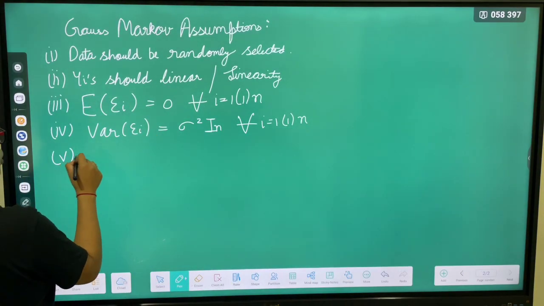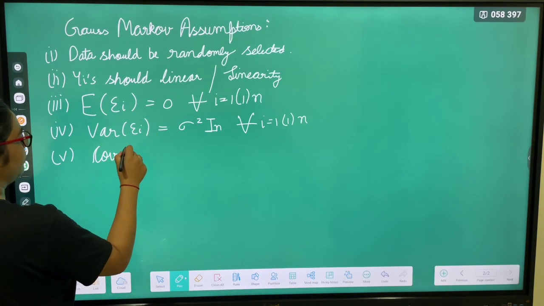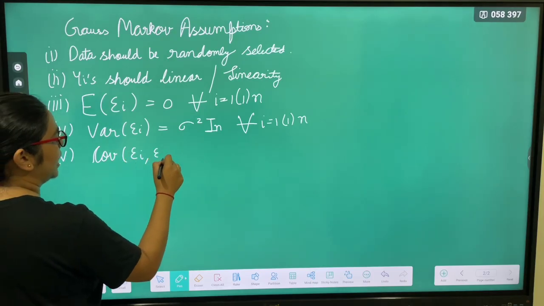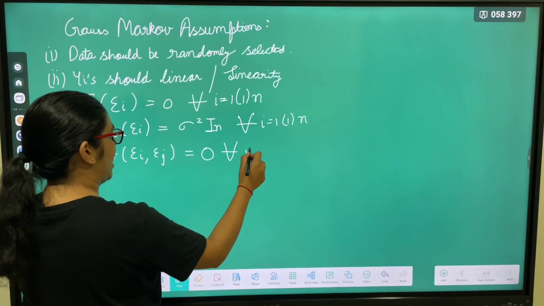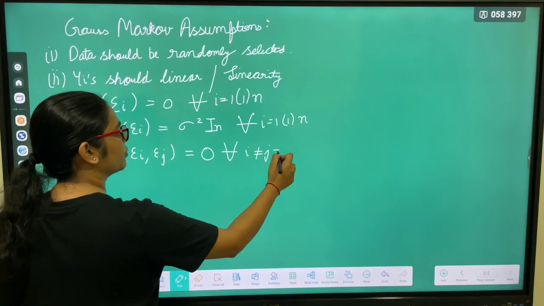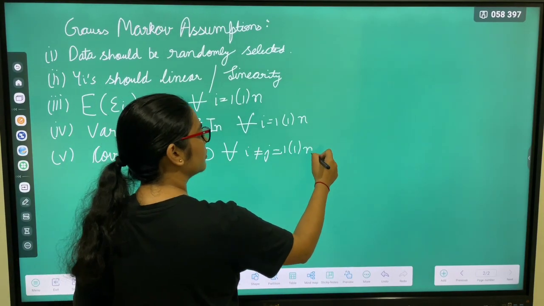Next is the covariance between epsilon i and epsilon j is equal to 0 for all i not equal to j going from 1 to n.